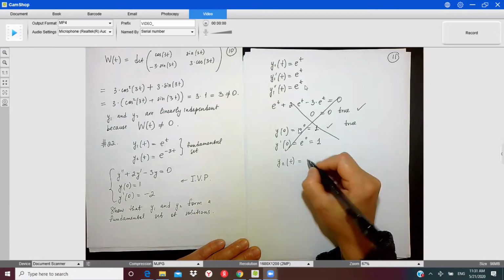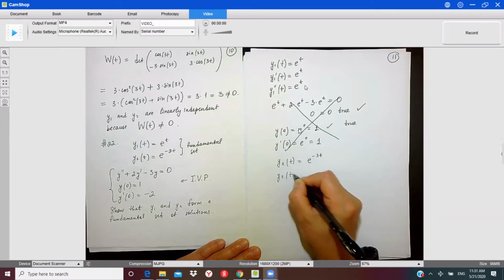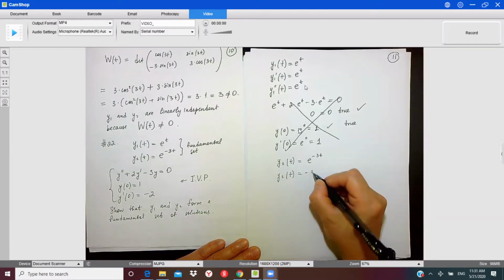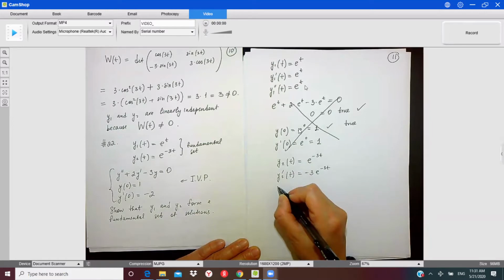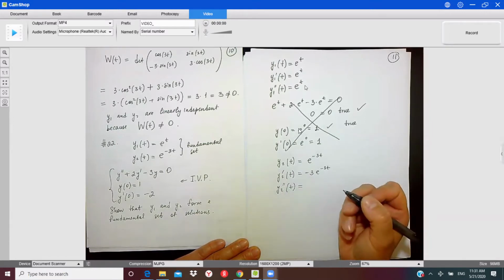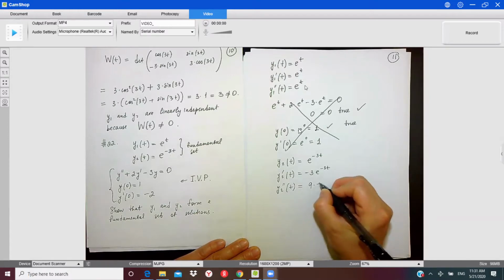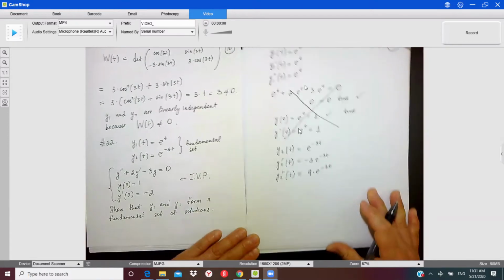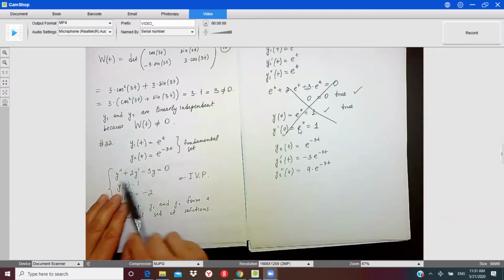So this is the second function, e to the negative 3t. The derivative is negative 3e to the negative 3t. Am I correct? So the second derivative will be 9e to the negative 3t. And again, we just need to check that it satisfies the equation.